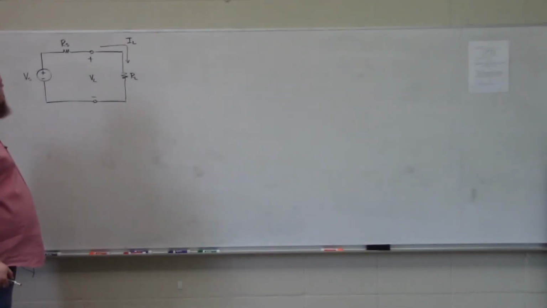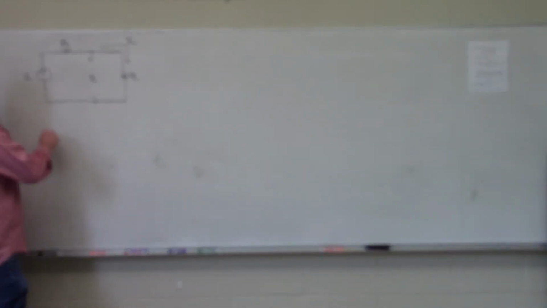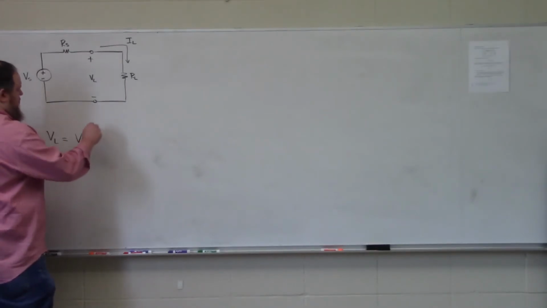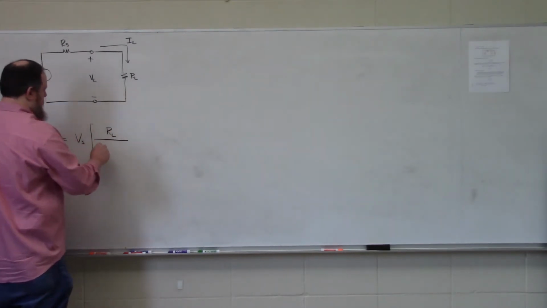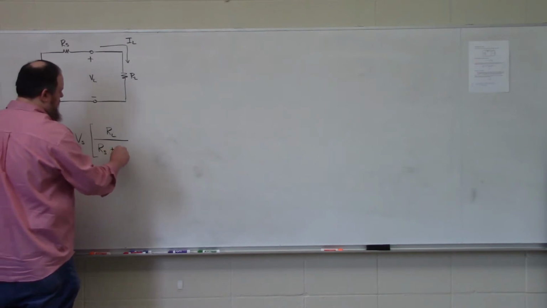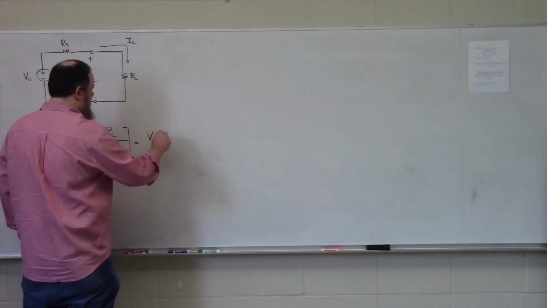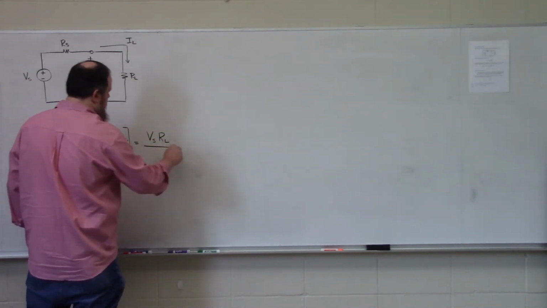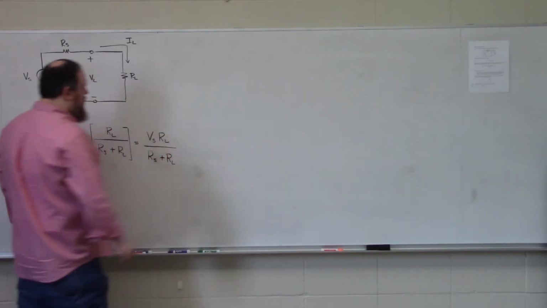So to determine the load voltage VL, I'm going to use voltage division because I have a known voltage that's being dropped over two resistors in series. So I can see pretty easily that VL is simply equal to VS multiplied by RL divided by RS plus RL, or VS RL divided by RS plus RL.